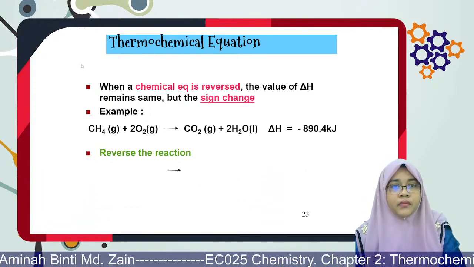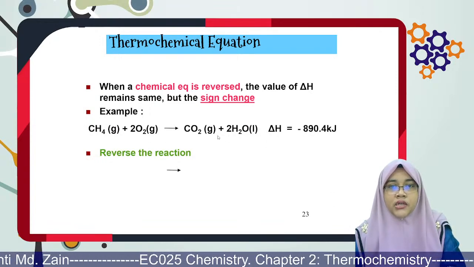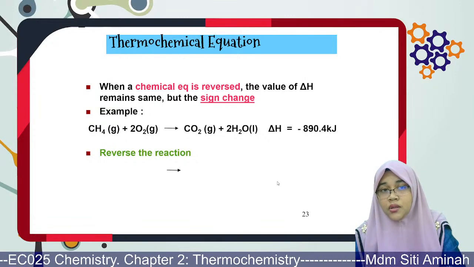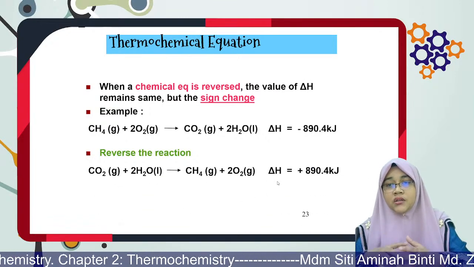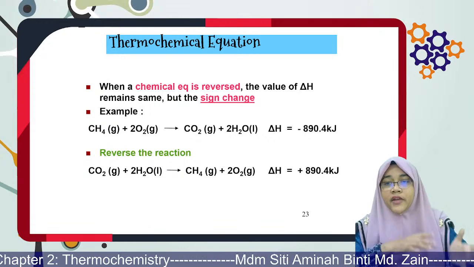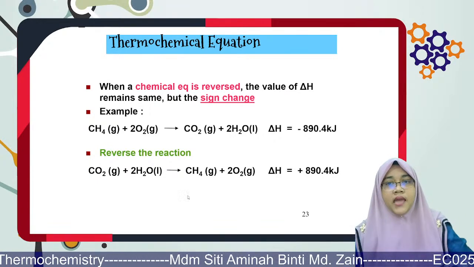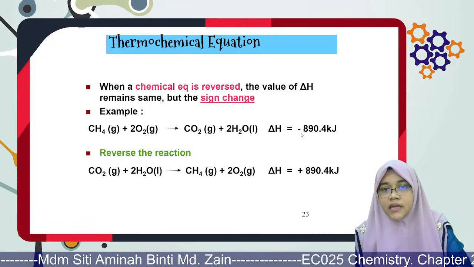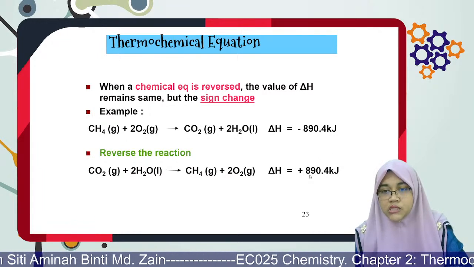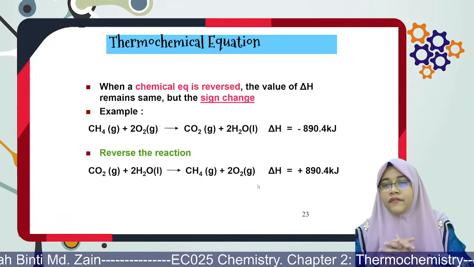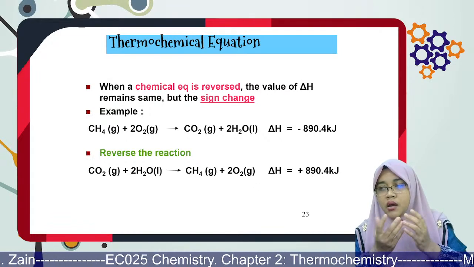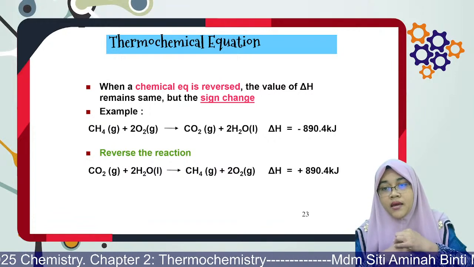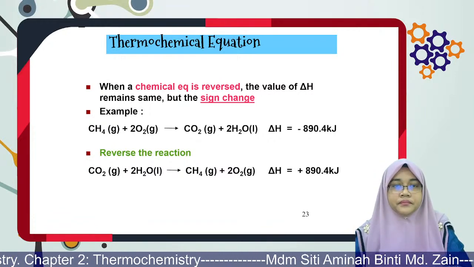For example, we have this equation, delta H is negative 890.4 kilojoule, but if you reverse the equation, the product becomes reactant and the reactant converts to the product. The 890.4 kilojoule remains, but the sign changes from negative to positive. So whenever you reverse the equation, the sign of enthalpy is also changed.